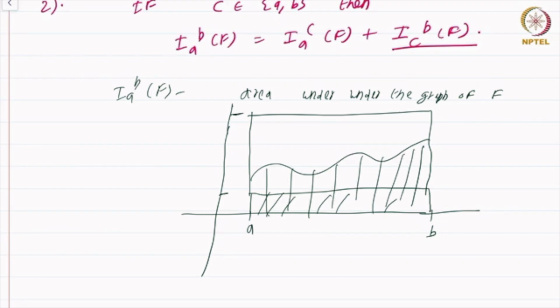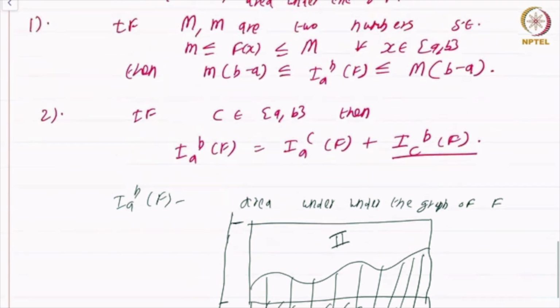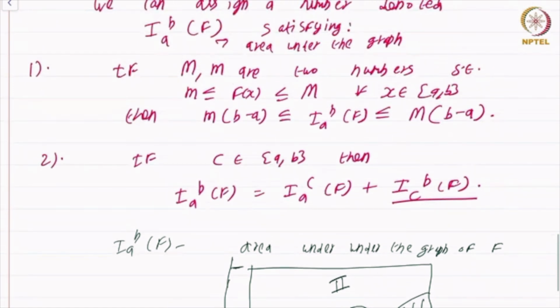Clearly this smaller rectangle, which I call 1, is fully contained in the region under the graph, and this region 2 fully contains the region under the graph. Therefore, if you look carefully at the axioms that characterize area, this is just utterly obvious. If this IAB of f indeed is measuring the area under the graph, this should be utterly obvious.